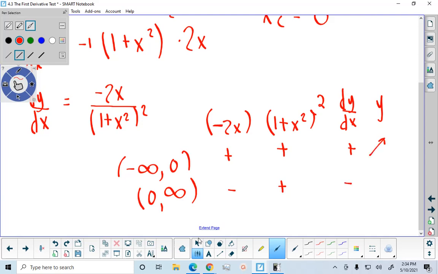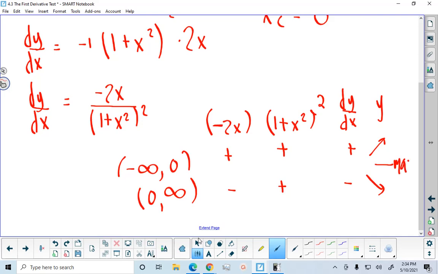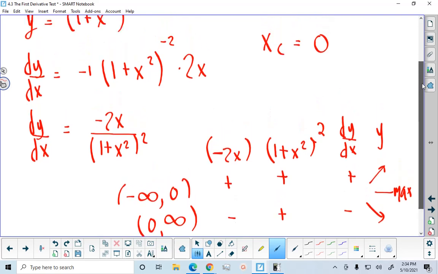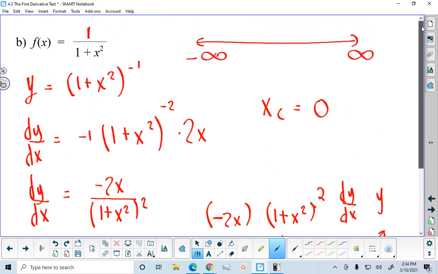The function is increasing, then the function is decreasing. So right here we have a max. That means that that critical number of 0 is where a maximum occurs, and the max will be at 0, comma f of 0. So if I put 0 in for x into that function, I'll have 1 over 1, which is 1.